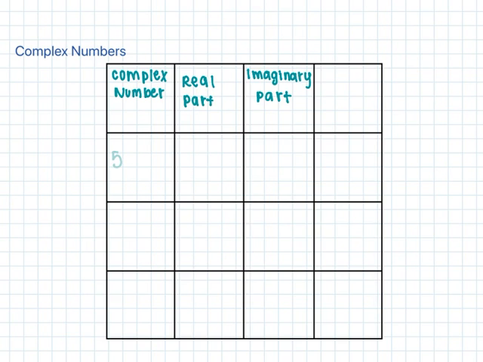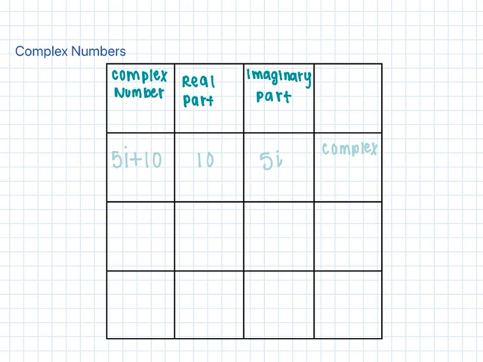So for example, 5i plus 10. The real part would be 10, and the imaginary part would be 5i, obviously. So, yeah, this is complex.